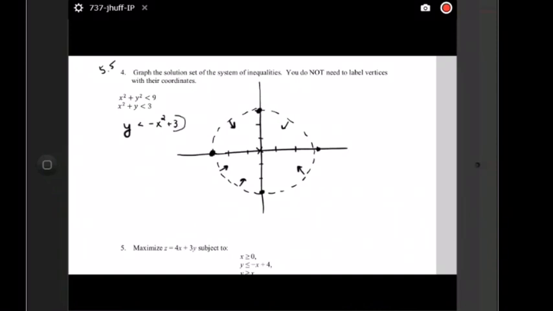This plus 3, it's outside the function, so it's going to move the graph up 3 units. That minus sign in front of the x squared is a vertical reflection, so it's going to flip the parabola upside down. So the parabola has a vertex actually right here at 0, 3.